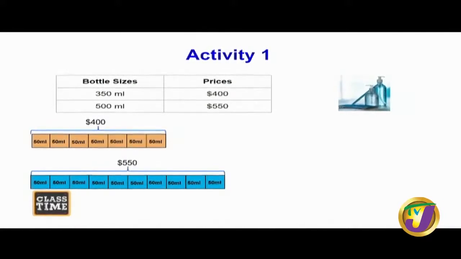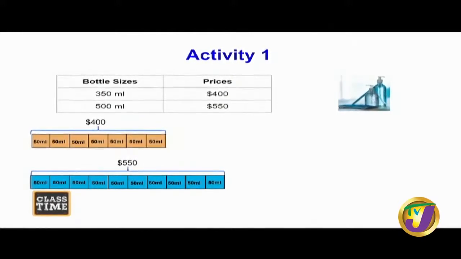Even as we look at the diagram, we're comparing the cost for 50 milliliters from the first bottle with the cost for 50 milliliters from the second bottle.